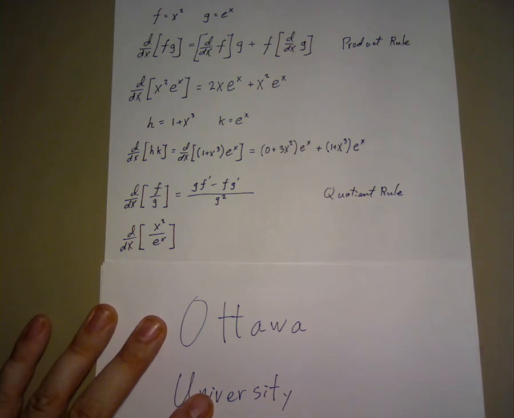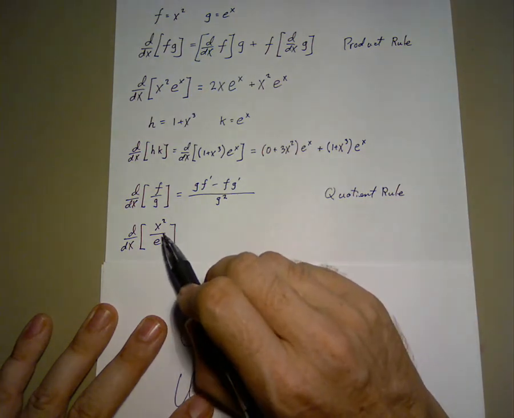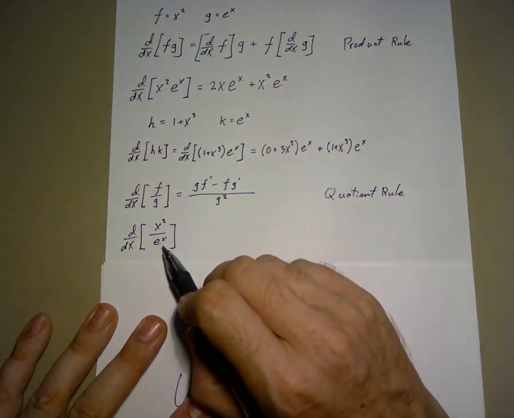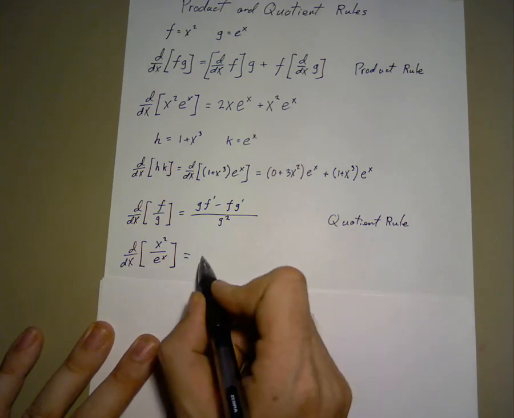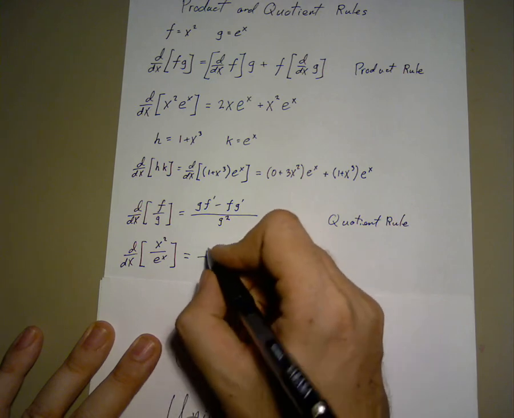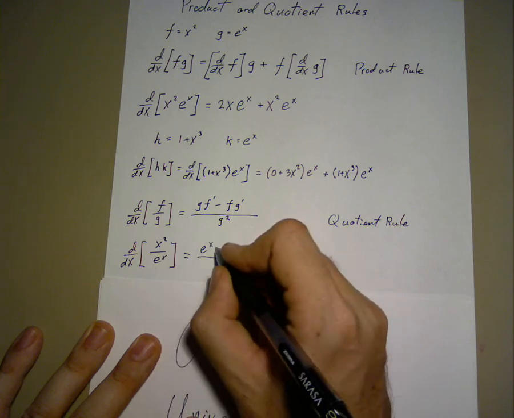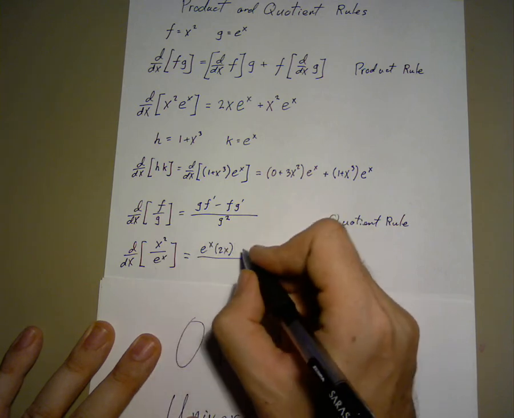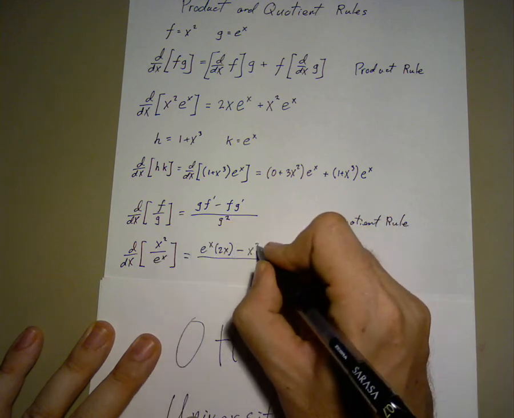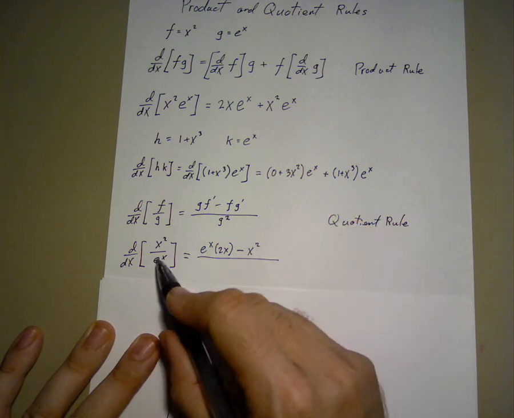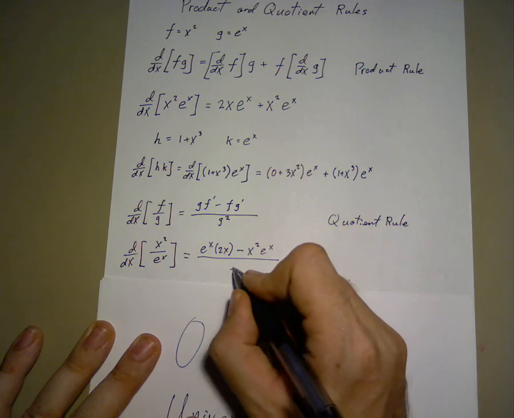In this case, we will take our original two functions, f and g, and find the derivative of x squared over e to the x. The derivative will be our low function times the derivative of our top function, which is 2x, minus our top function, which is x squared, times the derivative of our bottom function, which is e to the x, over the square of the bottom function.